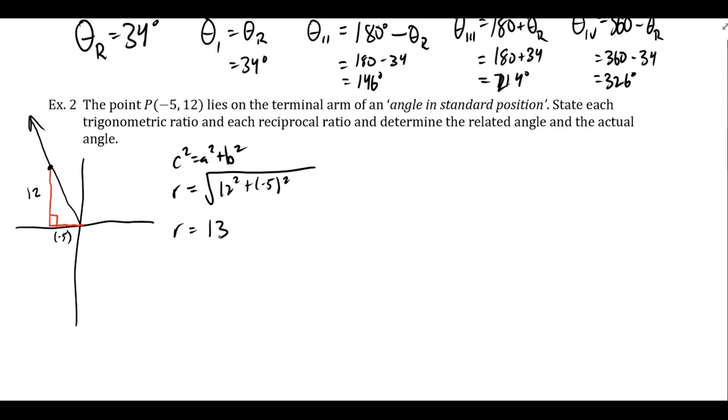Remember, it's always positive because it's a length. The x and the y come from coordinates. They can be positive and negative. R is a length. It's always positive. Never forget CAST.